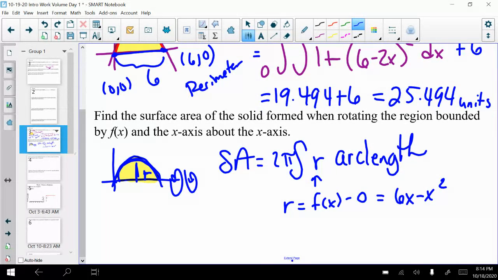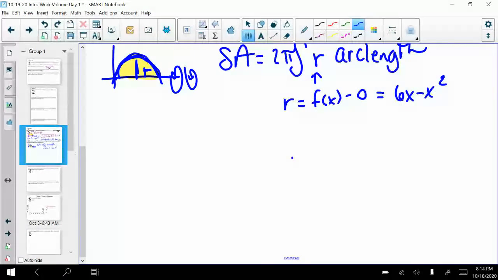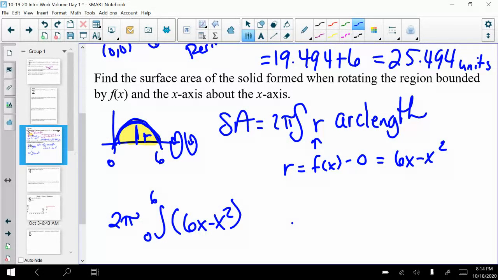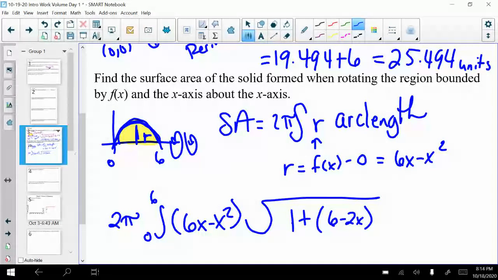Which means that we get, for our surface area, 2 pi integral from 0 to 6 again, right? 0 to 6. R this time is that 6x minus x squared. And then we have the square root of 1 plus our derivative squared, which of course is that 6 minus 2x, whole thing squared, dx.